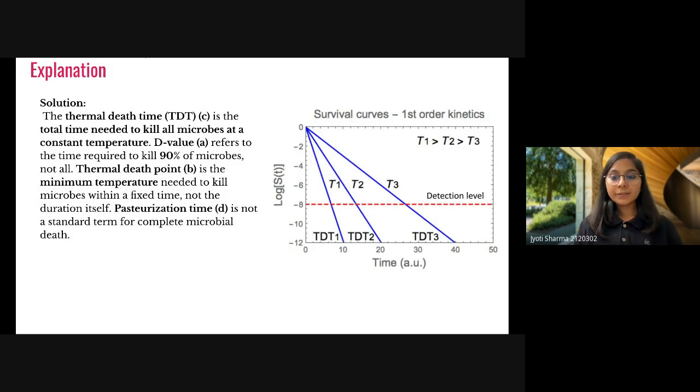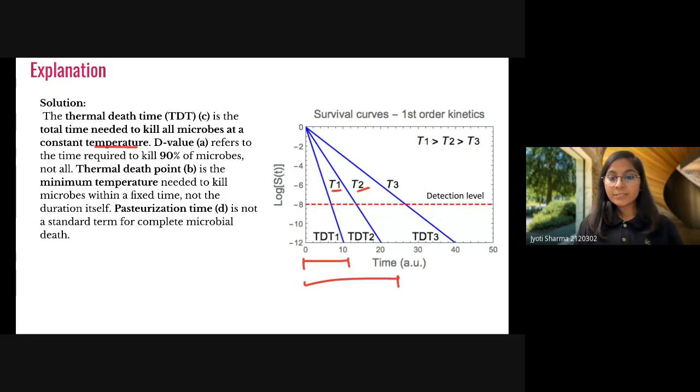So just see here, and this will be at a particular constant temperature, just keep in mind here. So for example, if we had the temperature T1 and this T1 is taking, let's say, 10 minutes to kill all the bacteria, right? If we are maintaining the temperature T2, it may be that the time taken to kill all the bacteria is 20 minutes.